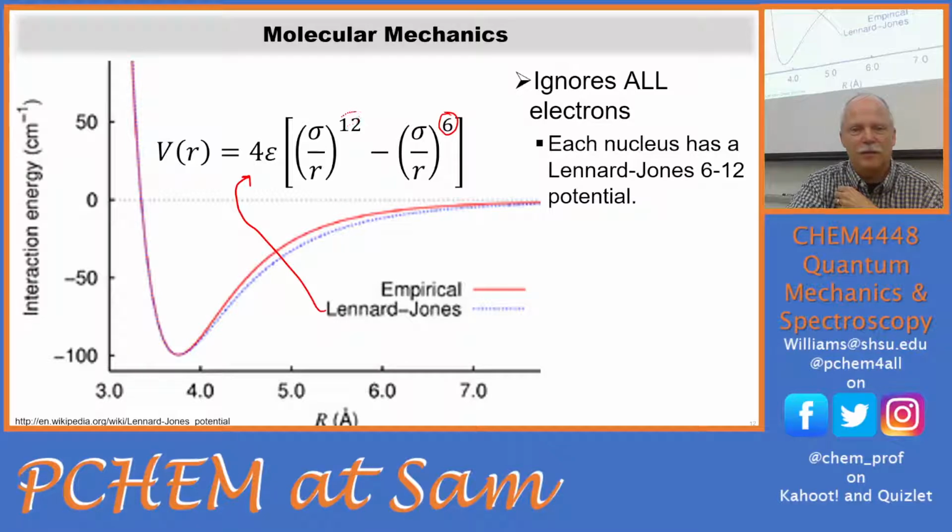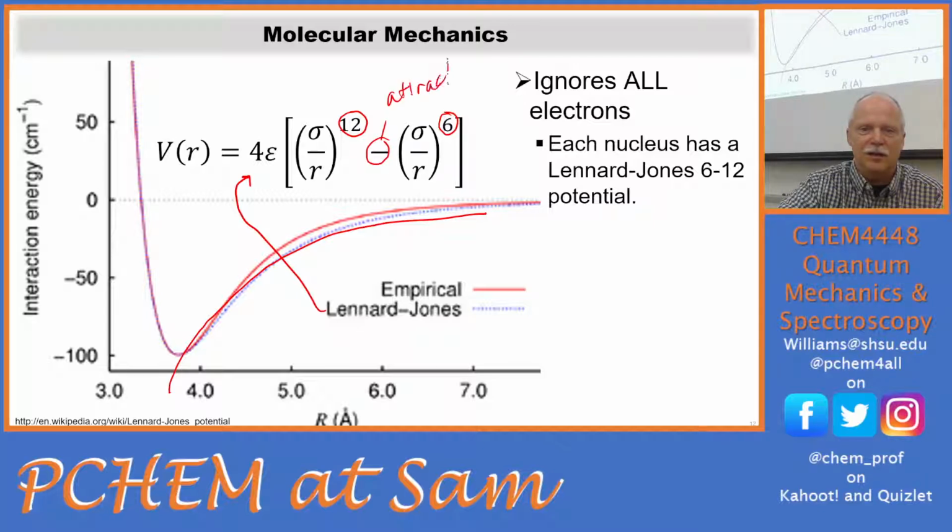It has an attractive term, this negative term, because it reduces the energy, and it falls off as 1 over r to the 6th power. But then there's a repulsive term that falls off as 1 over r to the 12th power.